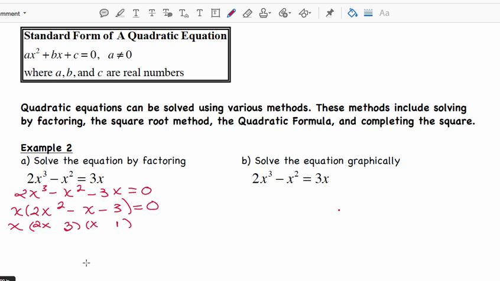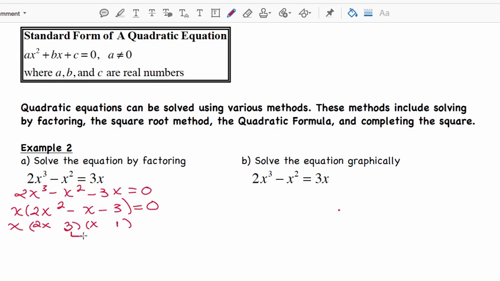And then you need to make sure that if you were to refoil this back out, you would get back what you started. And I already know my f in FOIL is going to give me 2x squared, and I know my l in FOIL is going to give me 3 here on the end. I just need to make sure my inners and my outers combine back into a negative 1x above.